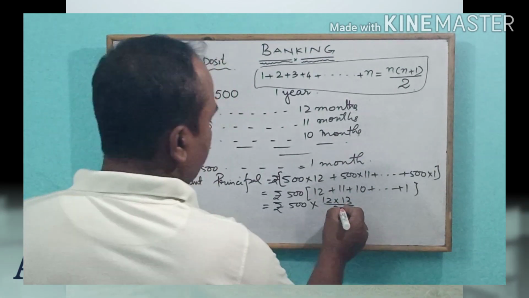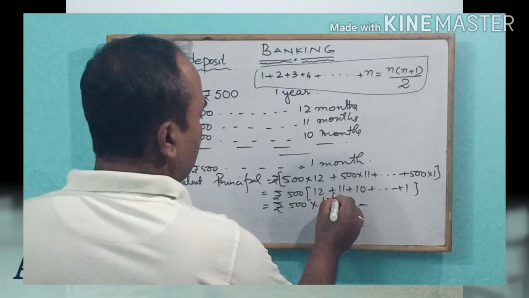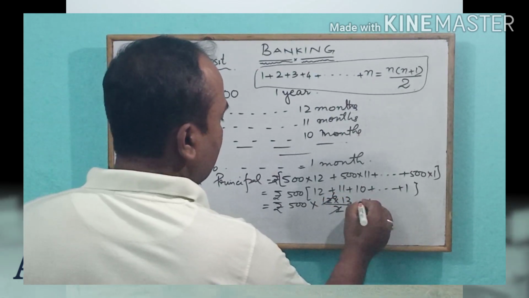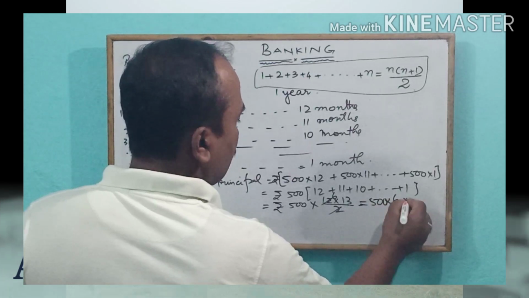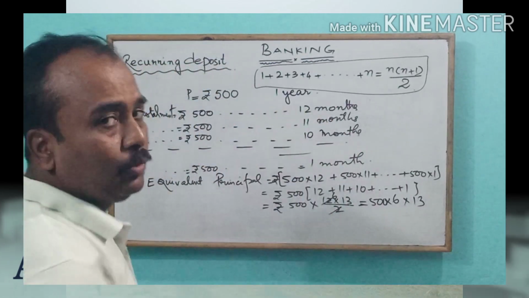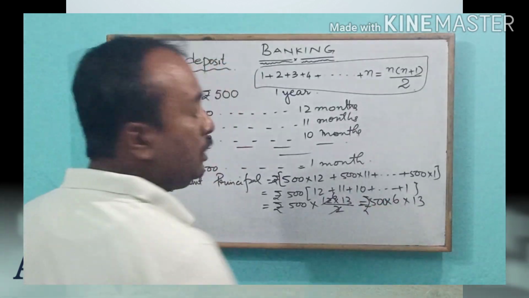So this becomes 500 into 6 into 13. Whatever it is, we don't go for so much calculation. So this much amount of money is kept with the bank for the whole year. This is the equivalent principle.